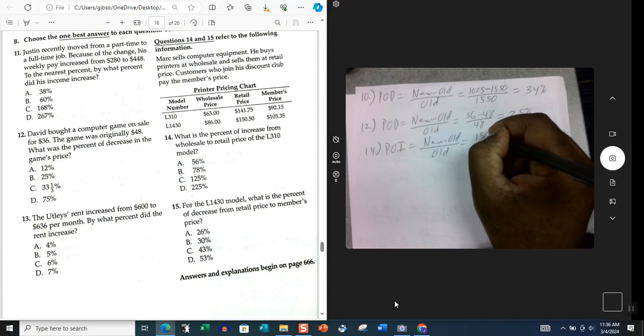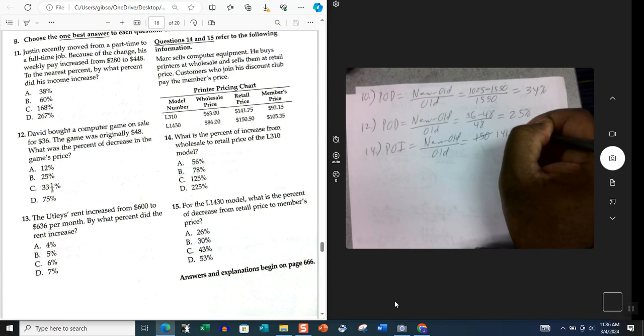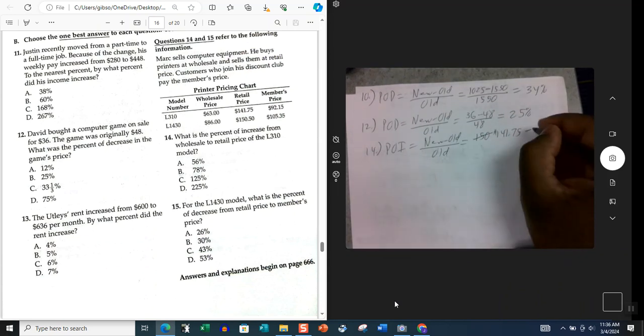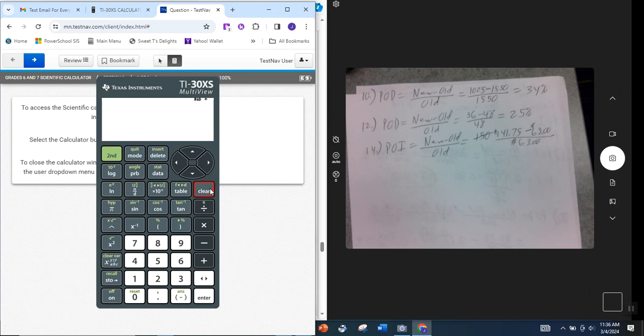So they asked us, what is the increase from wholesale to retail? So the retail price would be the new, which is $150. Wait a minute, that is the L310. I'm sorry, it's $141.75. And then minus the wholesale price, which would be $63. And then we would divide it by the $63. Now, we put this in our calculator, because we were told we could use calculators. So we would do our fraction key.